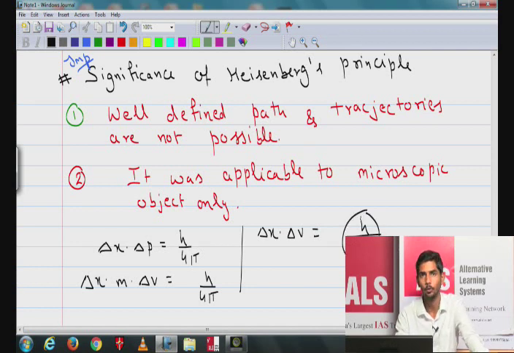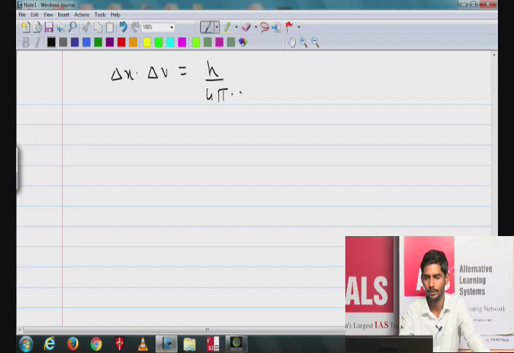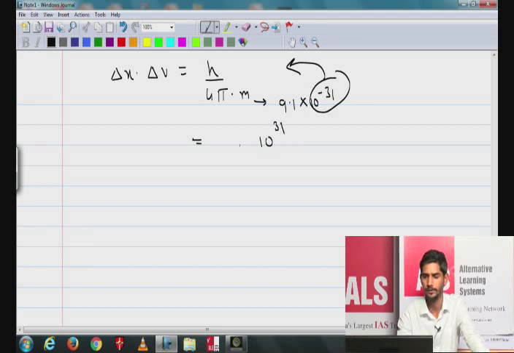See, h upon 4 pi is a constant. Now, let us discuss the value of m. If mass is small, for example, 9.1 into 10 to the power minus 31, which is very small, what will happen? The minus 31 goes to the numerator and you get plus 31, h upon 4 pi into 9.1.